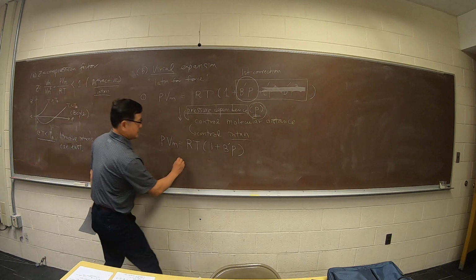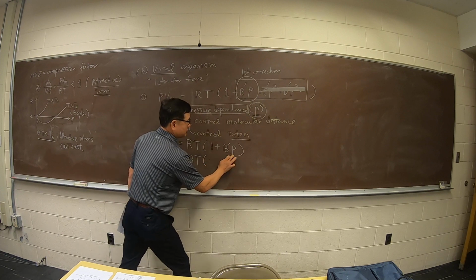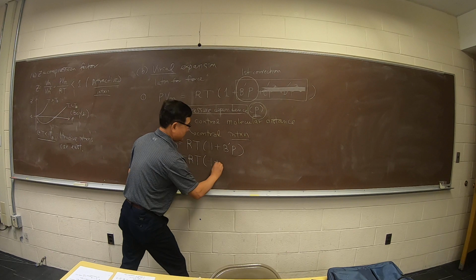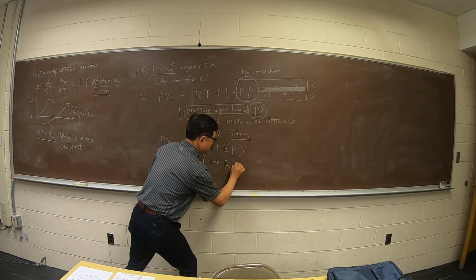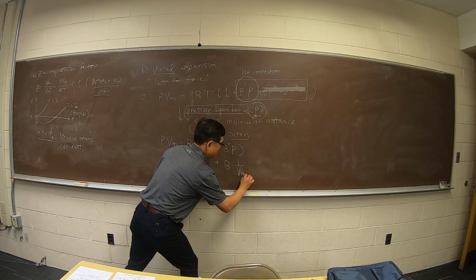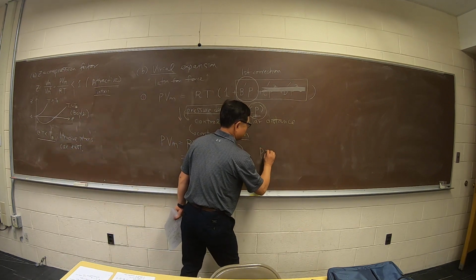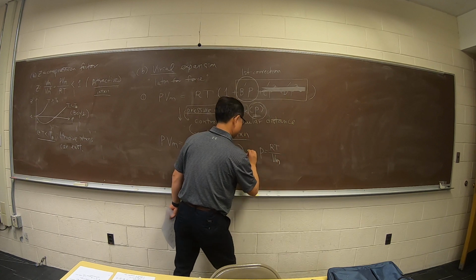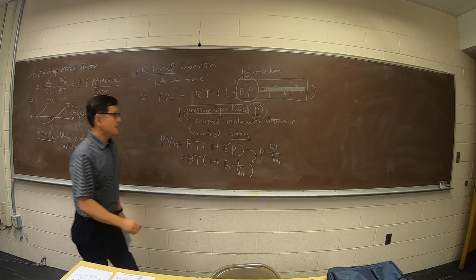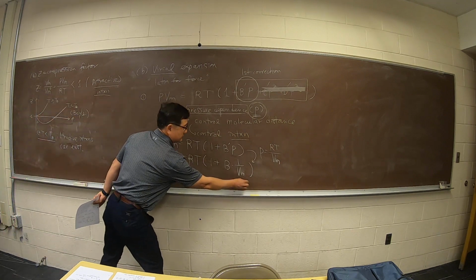Then I'm going to say, instead of using the pressure, I'm going to write it as RT times 1 over Vm. Because pressure is RT over Vm, using this relationship, I am going to re-express this in terms of this expression.